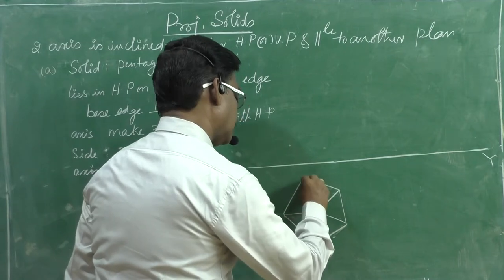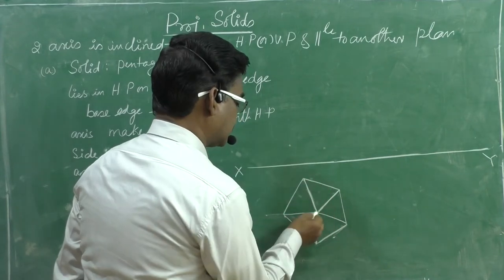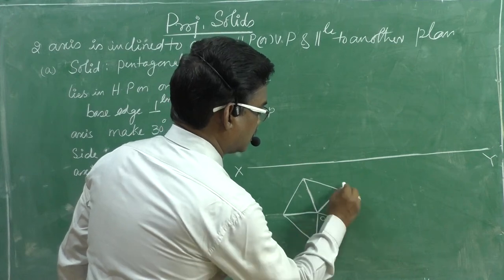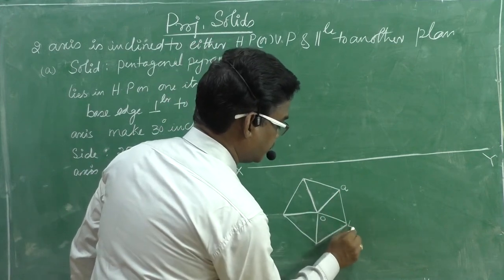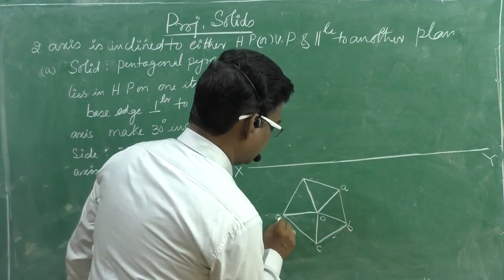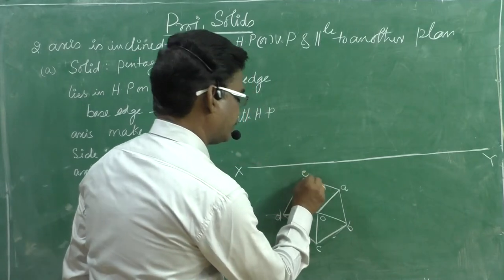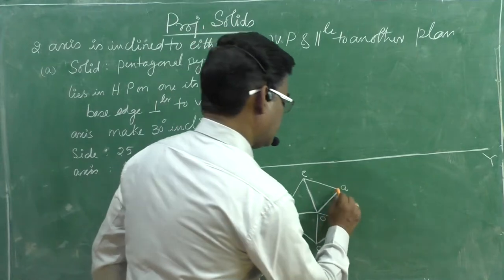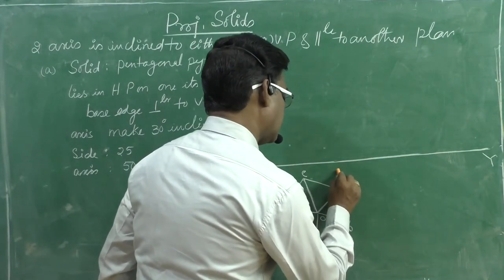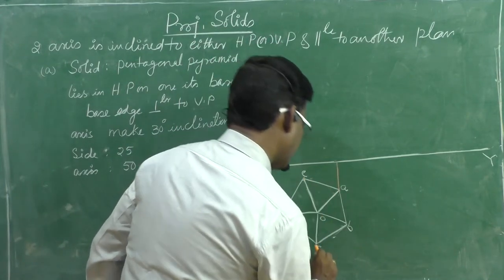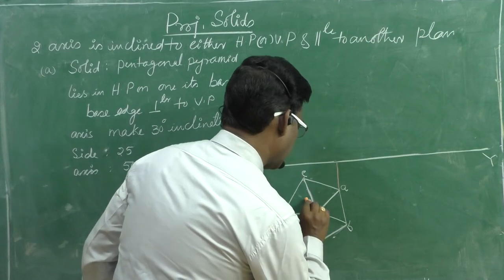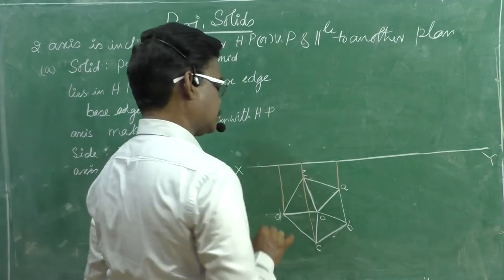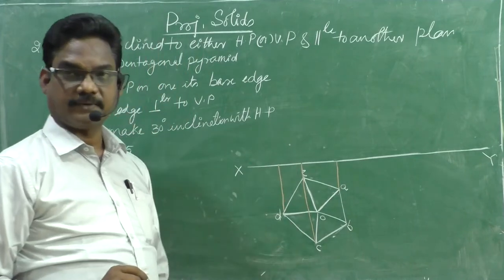That is the reason we need to darken these lines. This is O. Let it be A, B, C, D, and E. Now, we need to project it upwards. This base is in the HP. Therefore, its projection obviously coincides with the reference line.